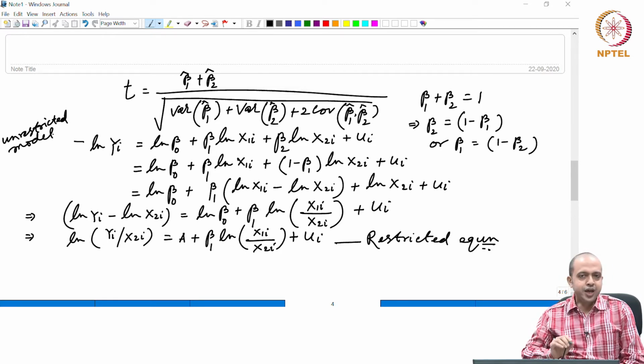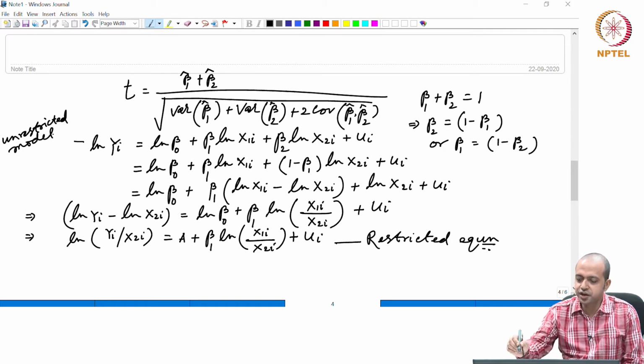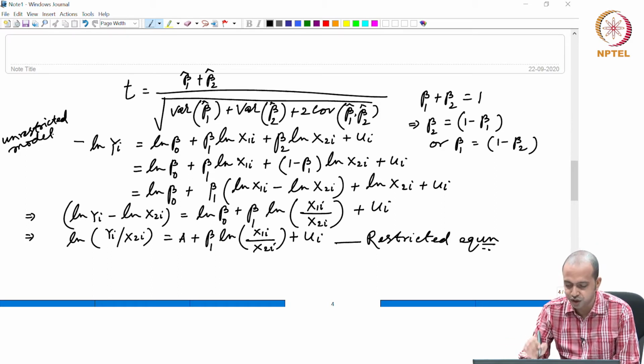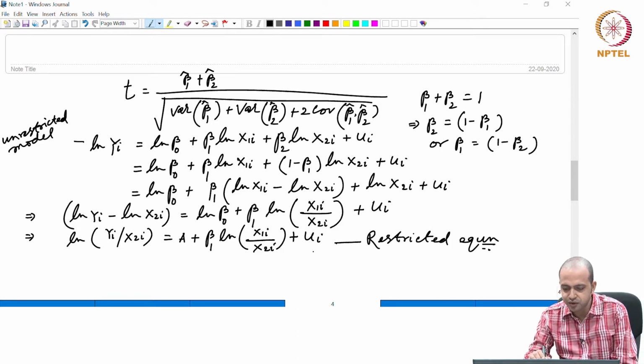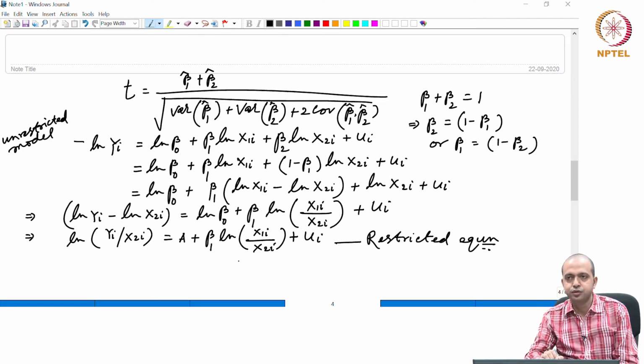So, I have not done anything new, I have simply imposed the linear restriction beta 1 plus beta 2 in the model, and ultimately I have come up with this model, which is the restricted version of this equation, which says the output capital ratio is a function of labor by capital.